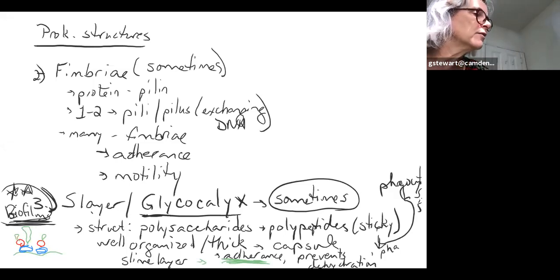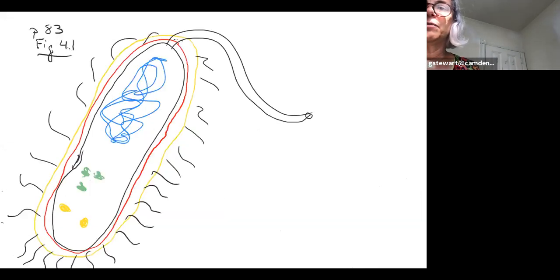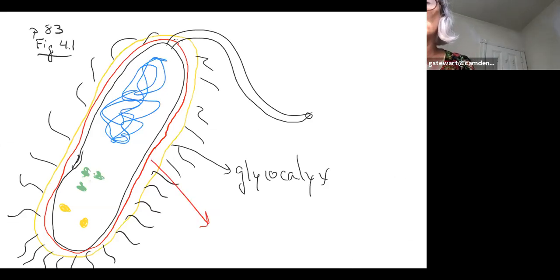All right, I think that's enough about the external features of the bacteria. So this yellow, I would say, was probably supposed to be the glycocalyx. This red layer here that I've drawn, that's going to be the cell wall.